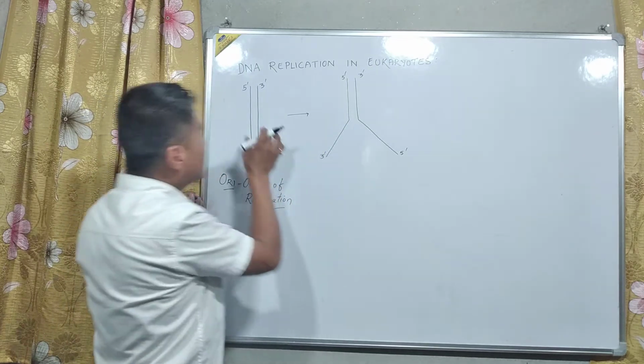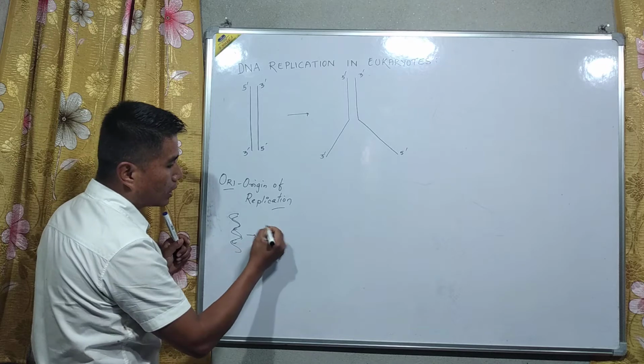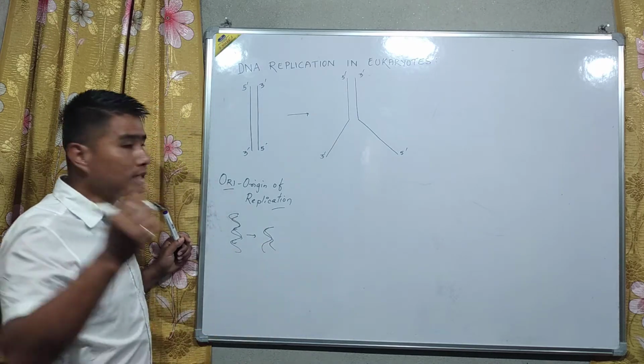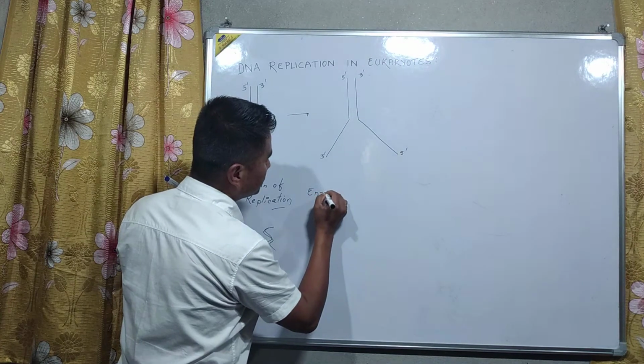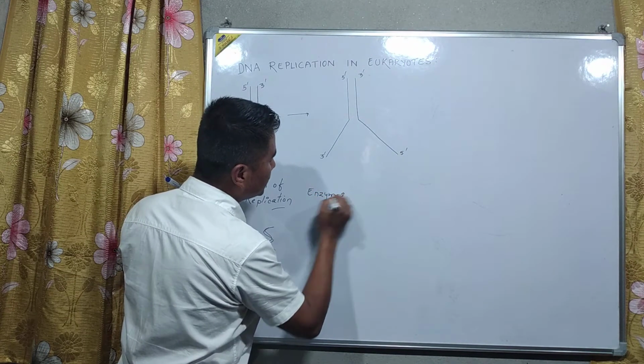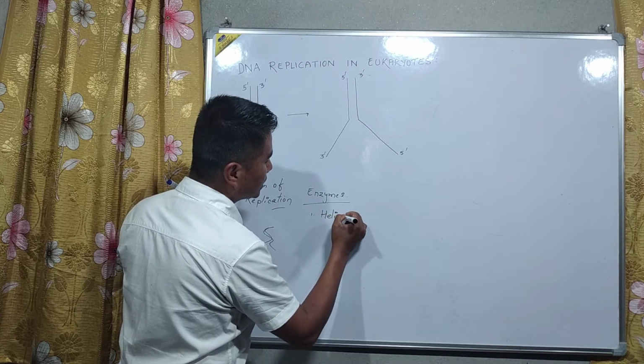Now for this DNA, which was in the form of a helix, for this DNA to open, we need an enzyme. What do we need? Enzymes. Number one enzyme is helicase.